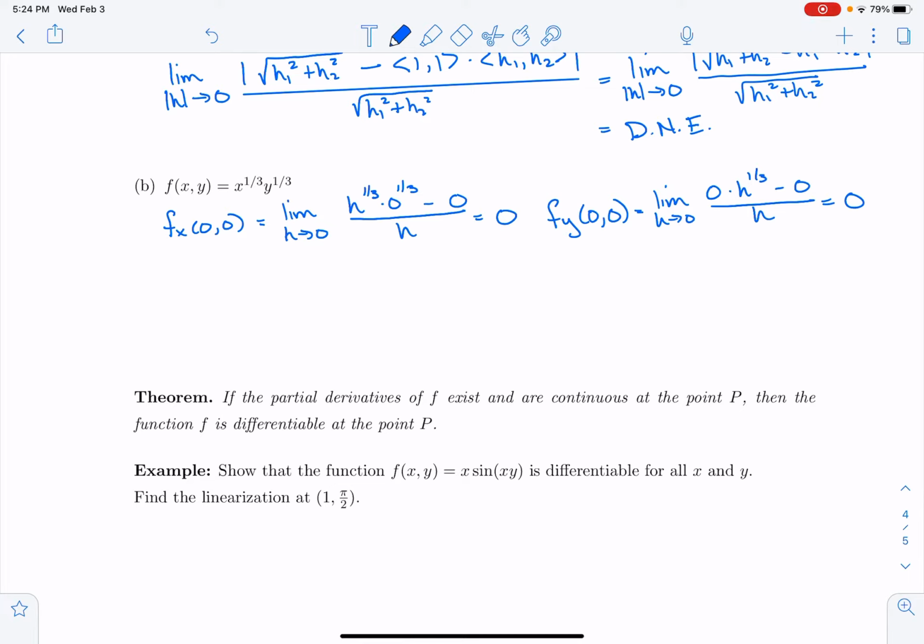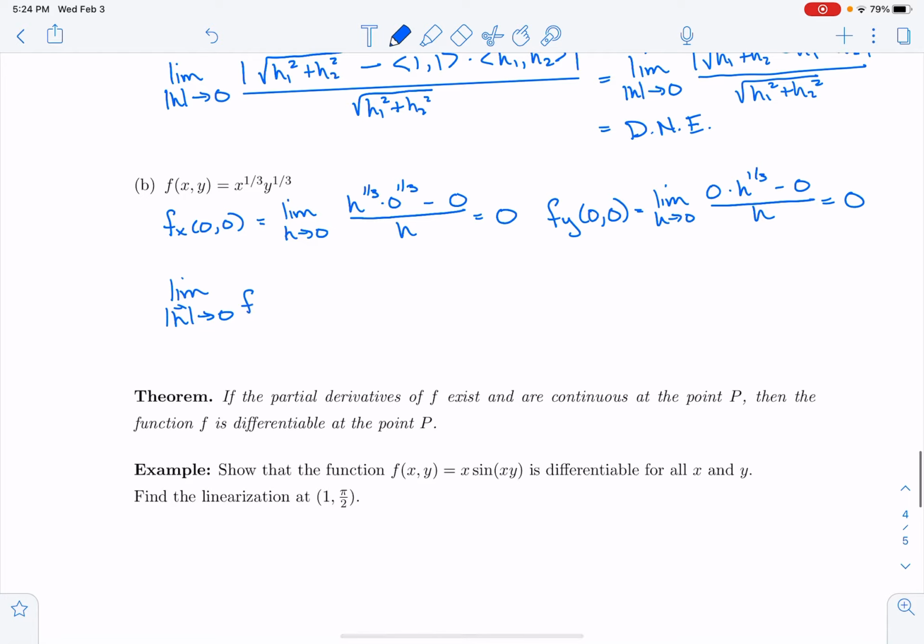So now if I take the limit as the absolute value of h goes to 0 of f of x, y, what am I going to get?